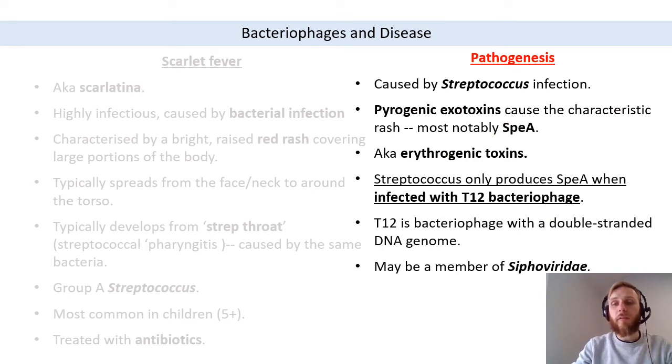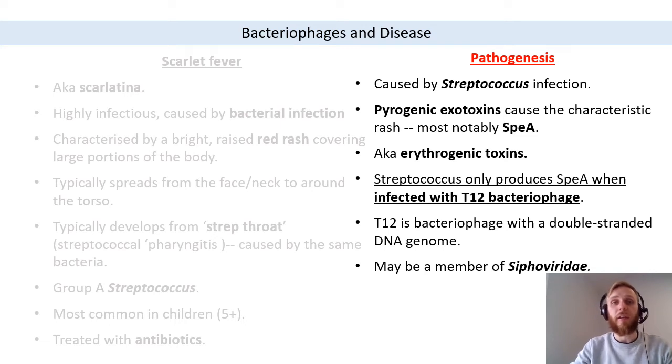Okay. So let's look at the pathogenesis in a little bit more detail. Again, we've said it's streptococcal, so it's caused by Streptococcus infection. And we've also said that a bacteriophage is responsible for causing the streptococcal species to acquire the ability to cause these disease symptoms.